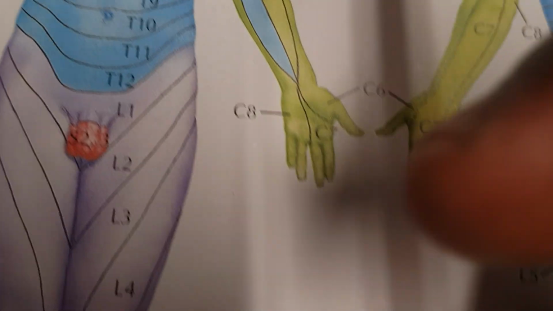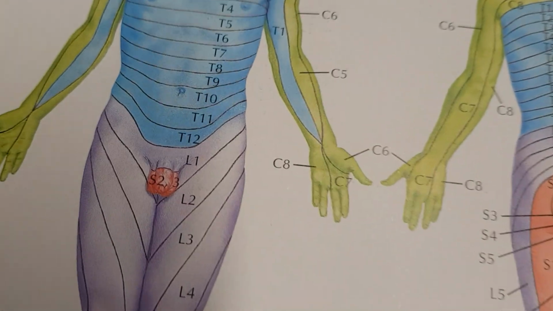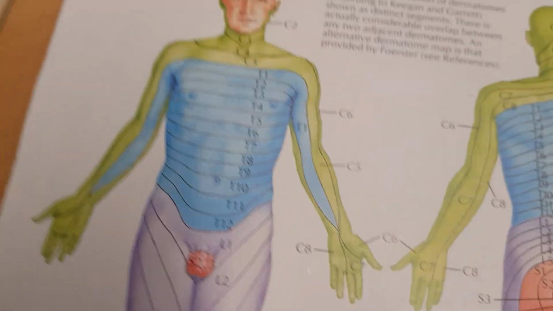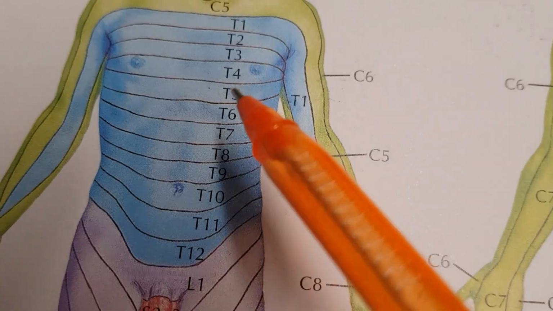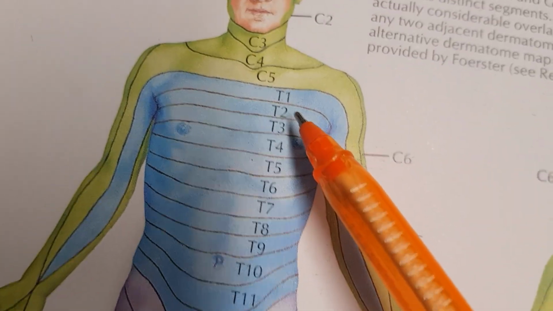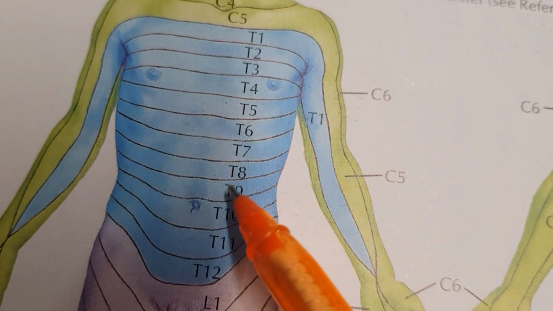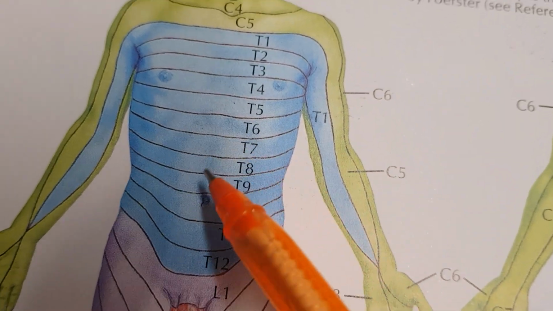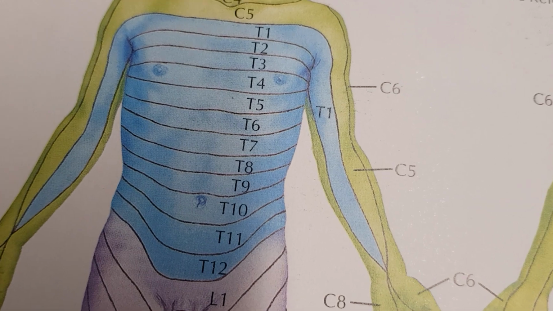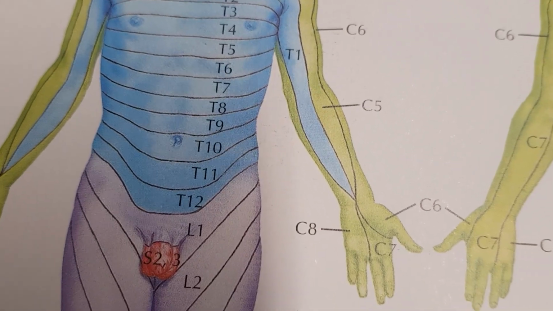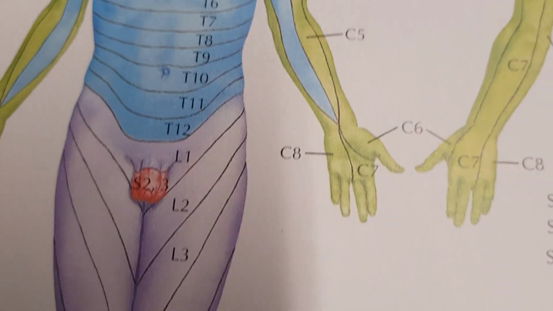So what I can say, for you not to forget this, anteriorly, when you look at the trunk anteriorly, you can only test the thoracic dermatomes. And then the lower limb, mainly anteriorly, you can only test the lumbar.